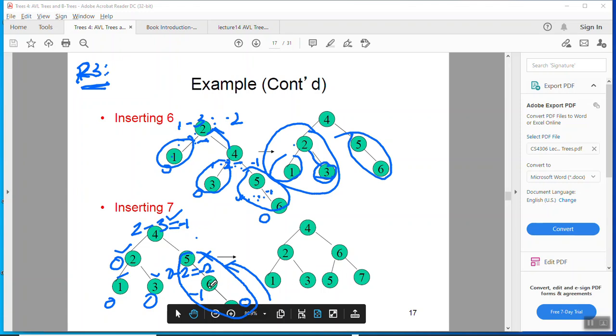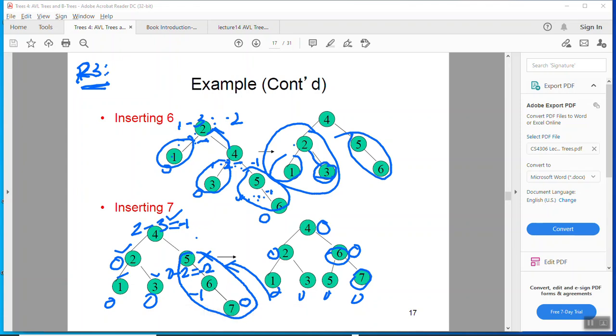So with 6, we do a left rotation, that means 5 will be hanging here, and then 6 will be the root node, and 5 will be here, and 7 will be on the right side. So now the balance factors are all 0, 0, 0, 0. So now it is an AVL tree.